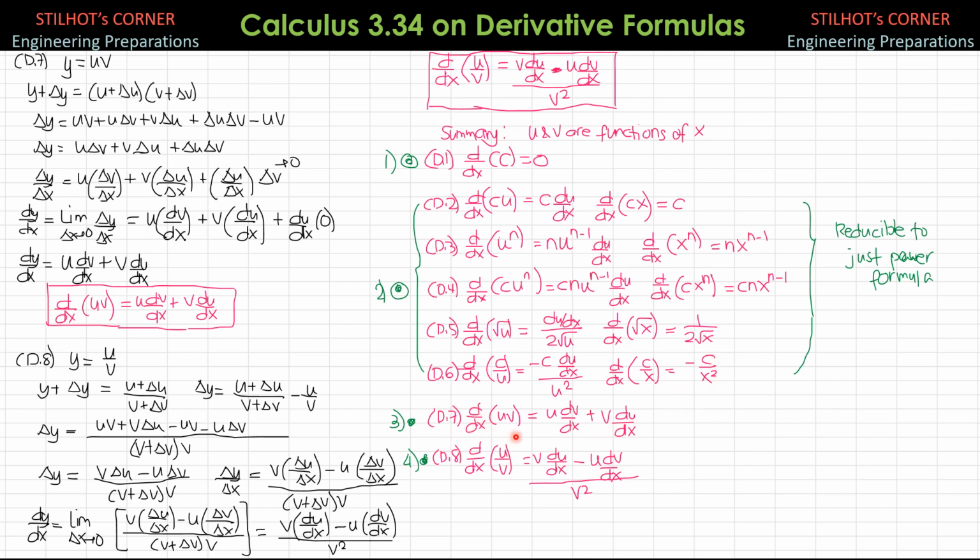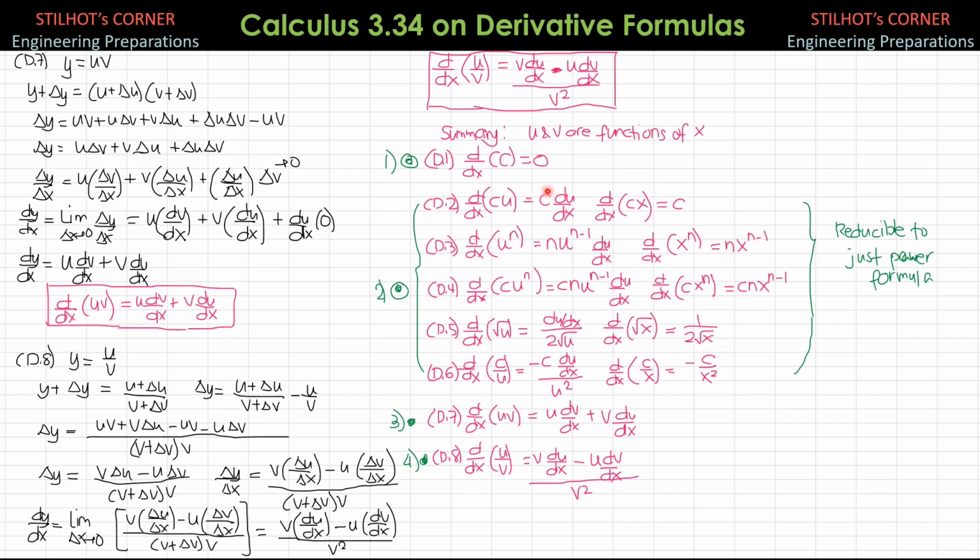D.7, derivative of a product is first times derivative of second plus second times derivative of first, with respect to x, of course. Then D.8, derivative of numerator over denominator is denominator times derivative of numerator minus numerator times derivative of denominator, all over denominator squared. So these 8 formulas can be reduced to just 4 because 2 to 6 can be reduced to just the power formula.